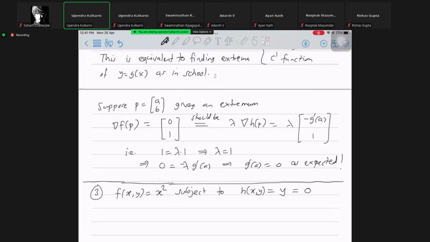So before you jump into the recipe, let us just do a background check. Just looking at this function, does this have a maximum or a minimum?